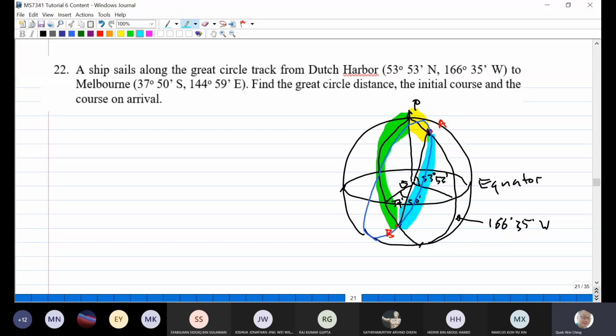Okay, so this is how the graph looks like. So let me use a different color so that you can see that this is actually moving along here. The ship goes from here to here. Let me highlight here so that you know that this is the ship movement. The ship movement here is actually the one with the red color.